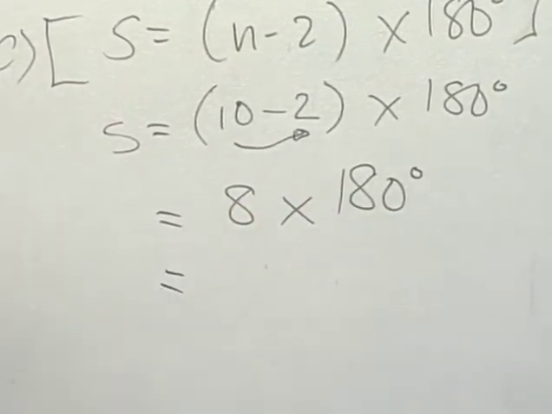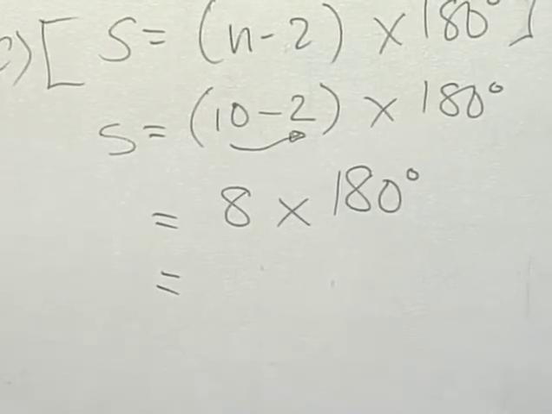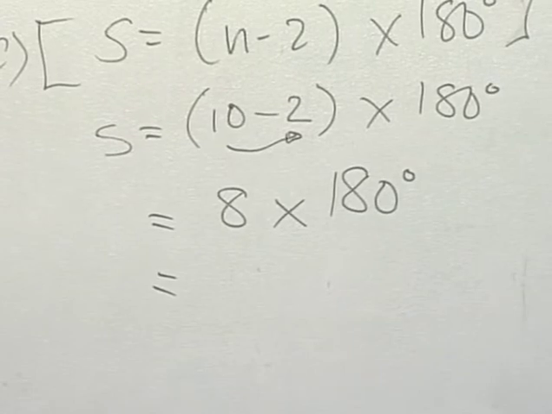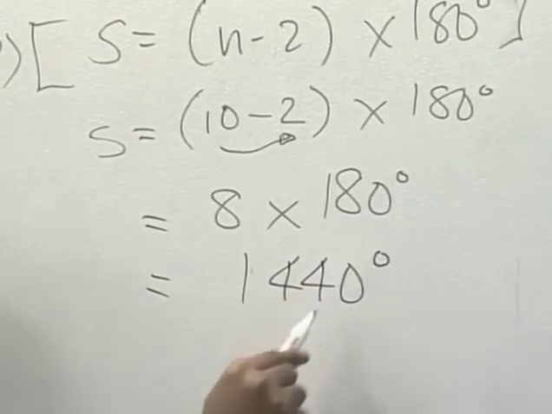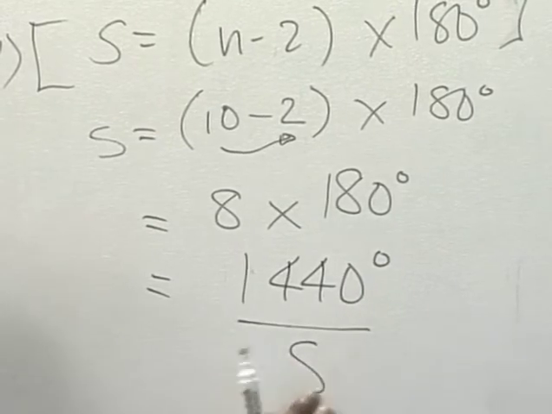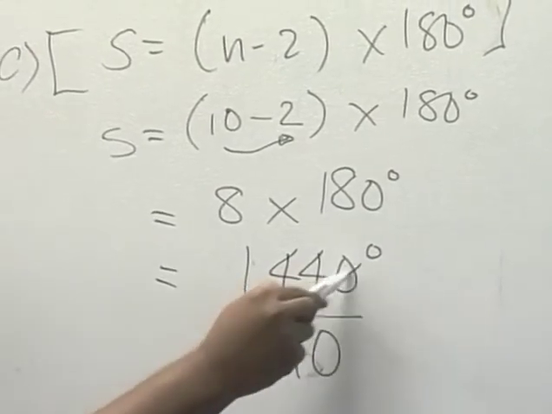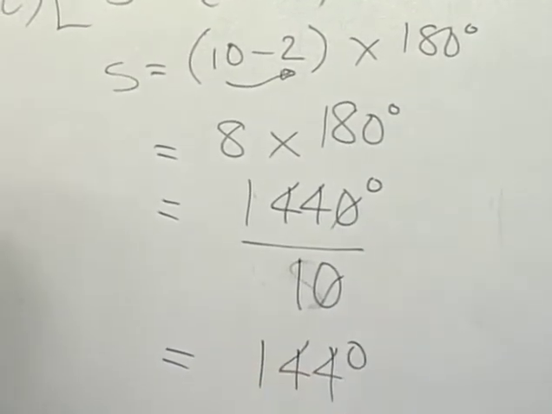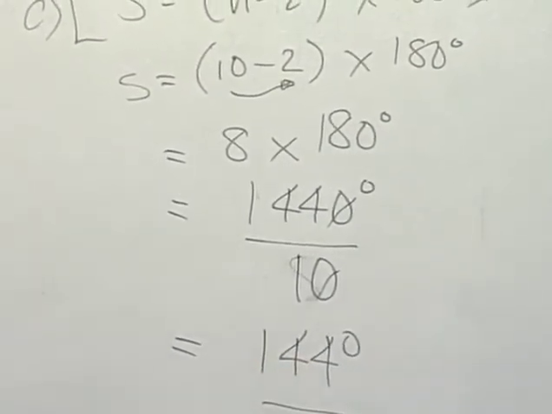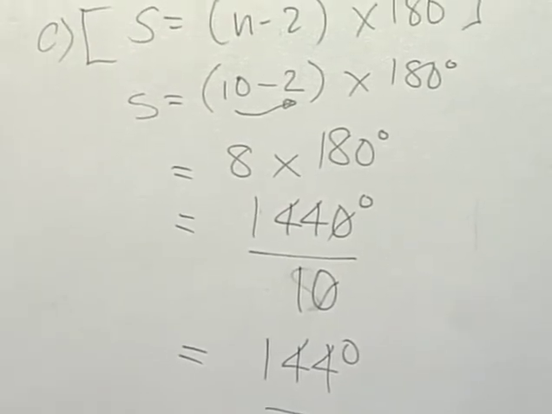So 8 times 180 is equal to 1440 degrees divided by 10. Okay, so our answer is 144 degrees. That's for the decagon. Is that clear? Yes. Okay.